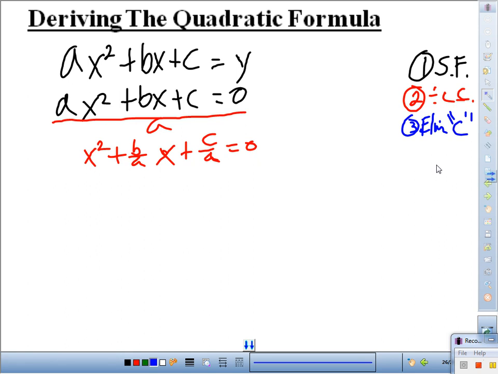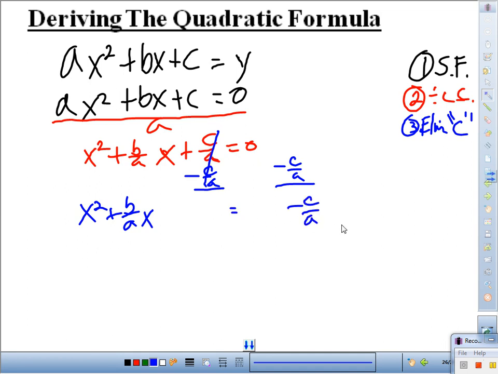All right? What was c? c over a. That means we need to subtract c over a from each side. Subtract c over a. This cancels. We're left with x squared plus b over a x, leave an empty space, equals, empty space, minus c over a. Hands if you got that?